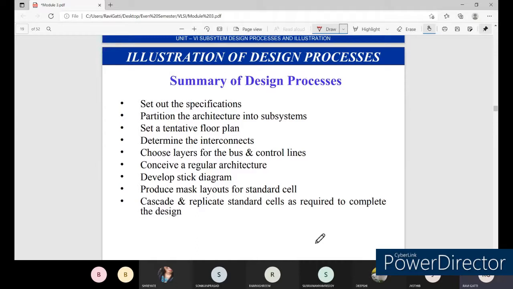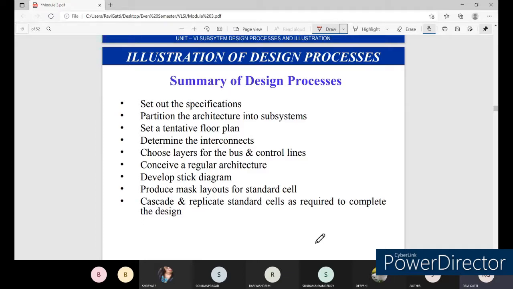Once you are thorough with all the connections and all the design aspects, then we go for the development of the stick diagram. Once the stick diagram is developed, I will go for the standard implementation, that is a mask layout implementation.